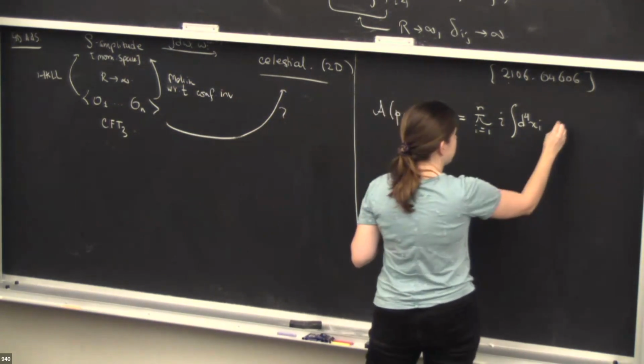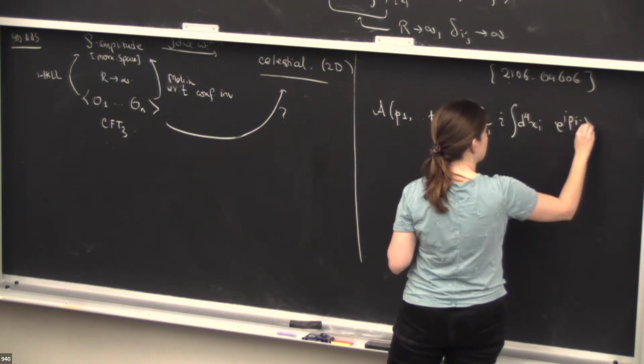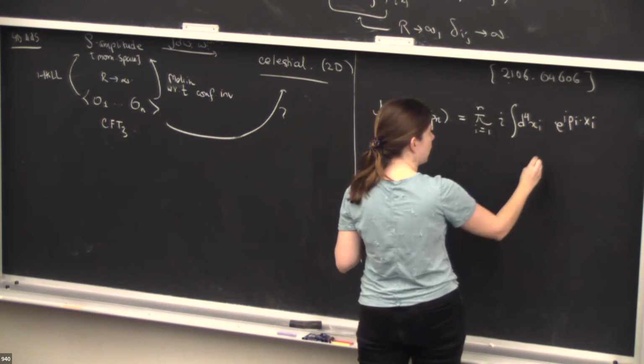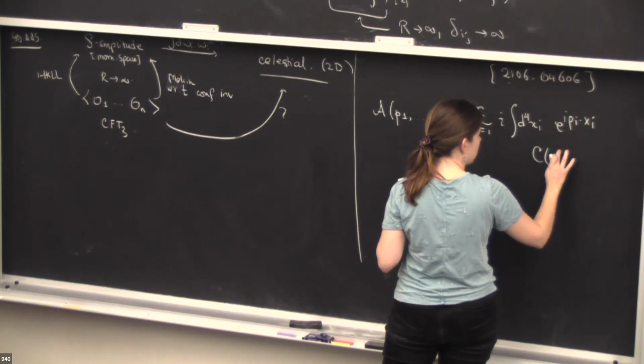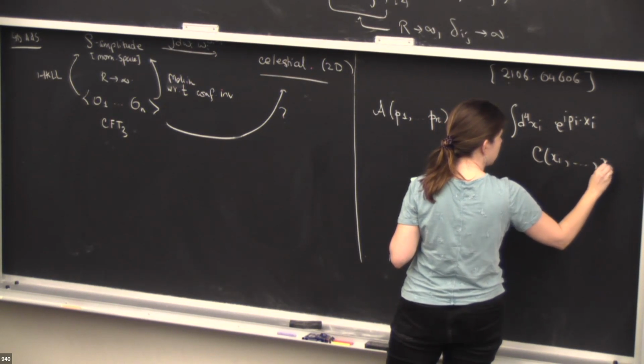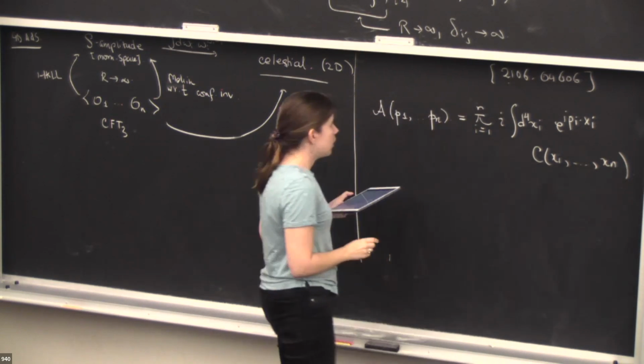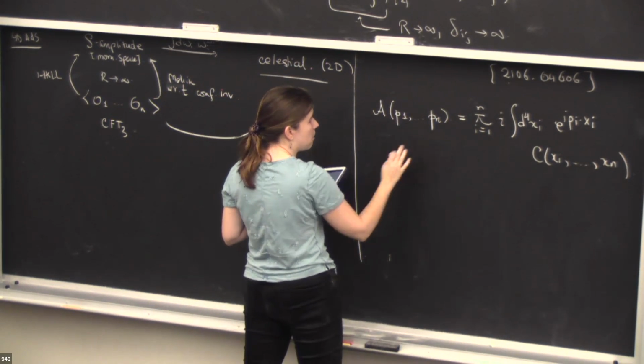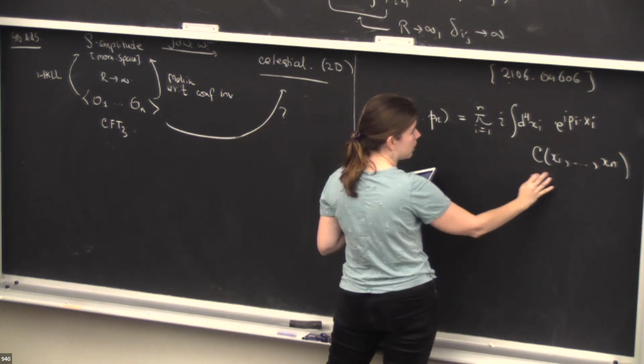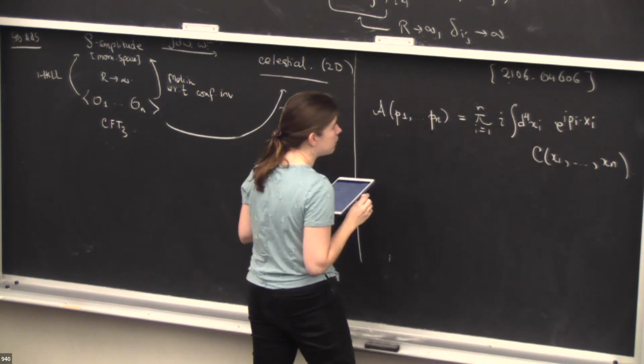So let me just say that this is just the definition of a momentum space scattering amplitude. This is a time ordered correlation function. These are plane waves.